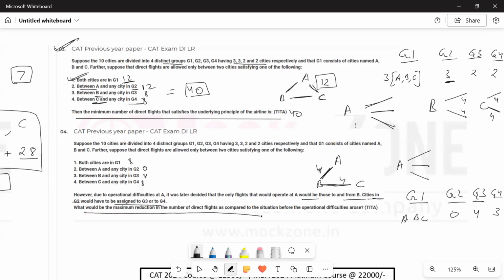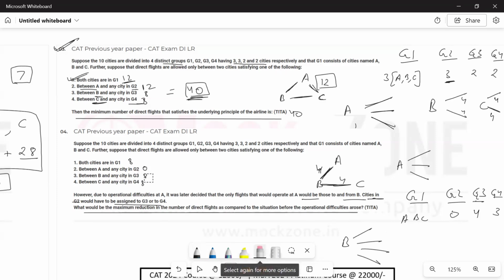What would be the maximum reduction in the number of direct flights as compared to the situation before the operational difficulties arose? Initially it was 40, so what will it become now? Between B and any city in G3, we now know that G3 has four cities. So B will be connected to four cities, which will become 4 plus 4 plus 4 plus 4, 16.